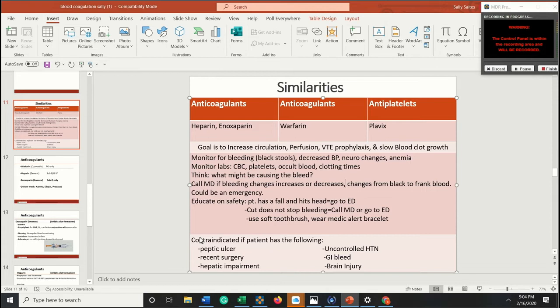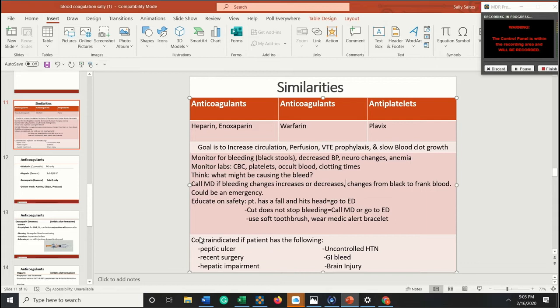And so that's going to increase the bleeding of the peptic ulcer and make it worse. So things like that, you need to make associations.